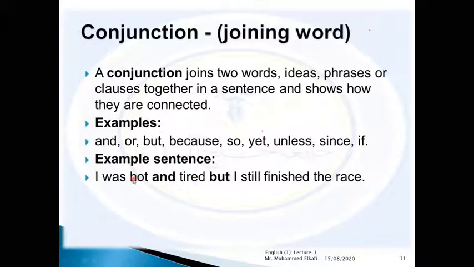Here we connect this word with another adjective with and. We use but for contrast. I still finished the race. He was hot and tired, but he still finished the race. But here is a contrast word, a contrast conjunction.